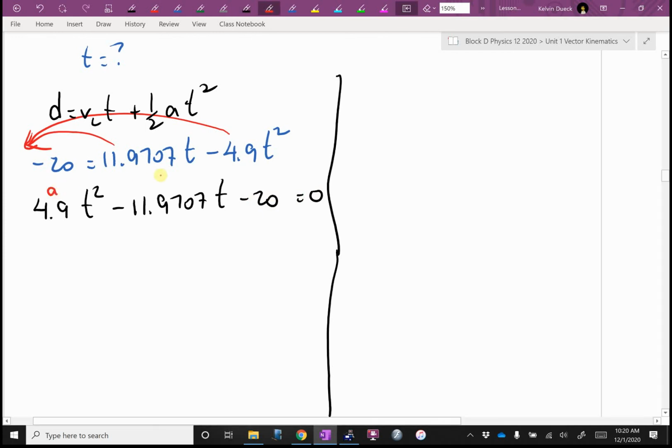That's A, that's B, that's C. By the way, the question said find the range, which we haven't even got to yet. We've got to find time. We're going to spend most of our time finding time.